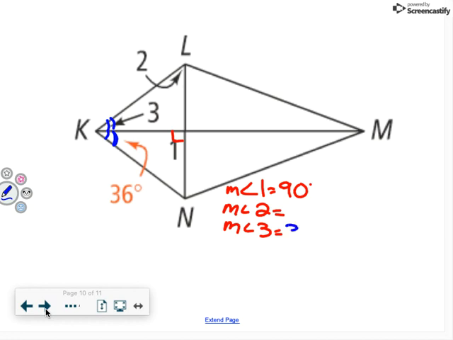So angle 3 is going to be 36. And now we just focus on this triangle to find angle 2. We know that's a right angle right here, and we know that this is 36 degrees. We have to figure out what's left over to get us to 180, and that would be 54 degrees.